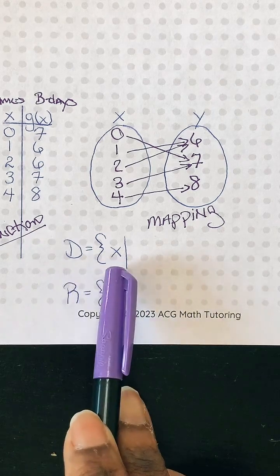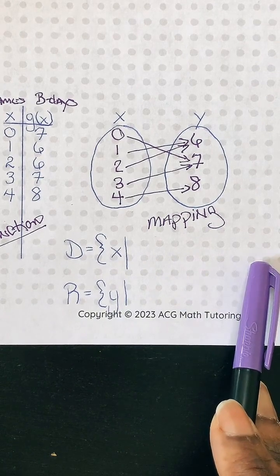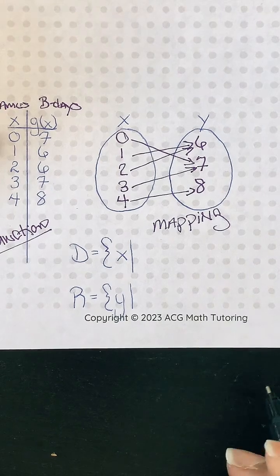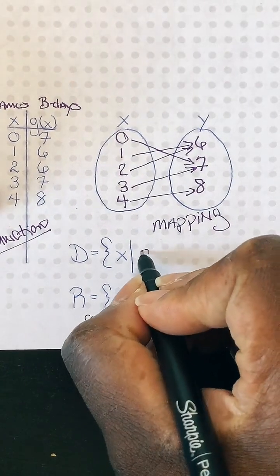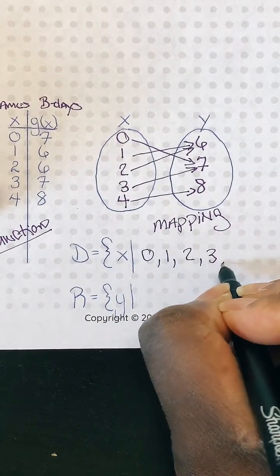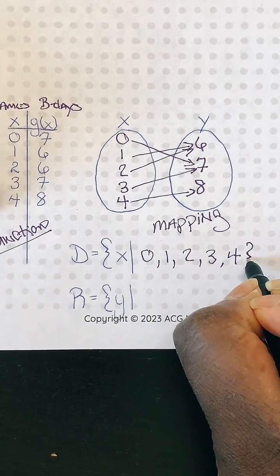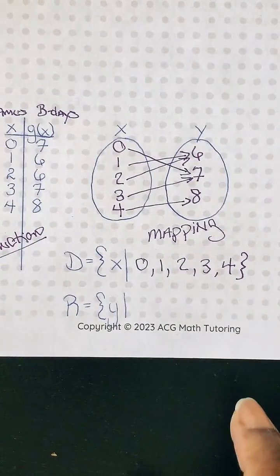So sometimes it will say X such that, and they'll just list all your X values. So in our case, we're going to list all our X values in numerical order. So we have our 0, 1, 2, 3, and 4. Then I do my heart, and pointy nose, and a baby's butt. That's how I do my brackets.